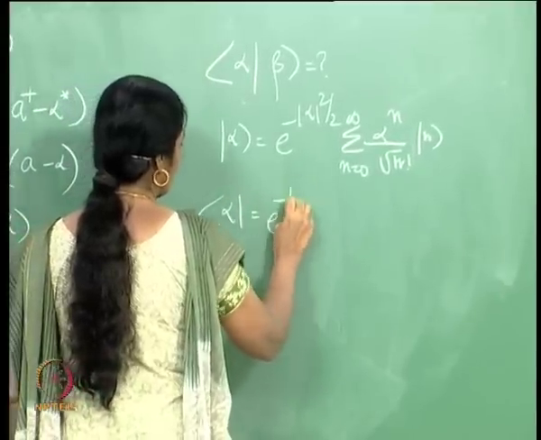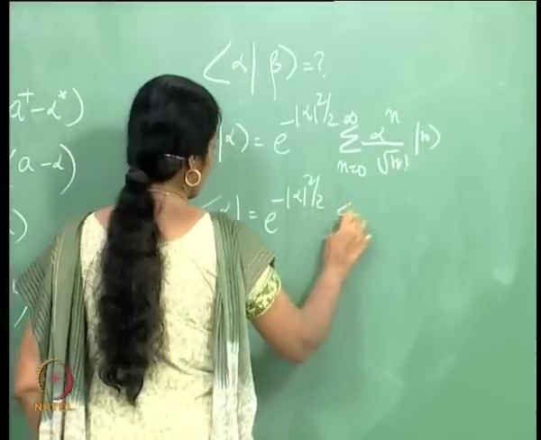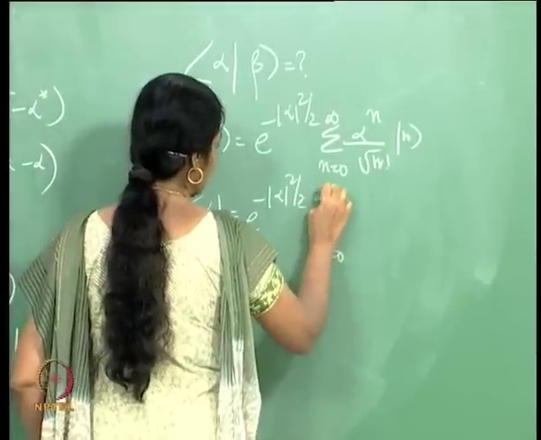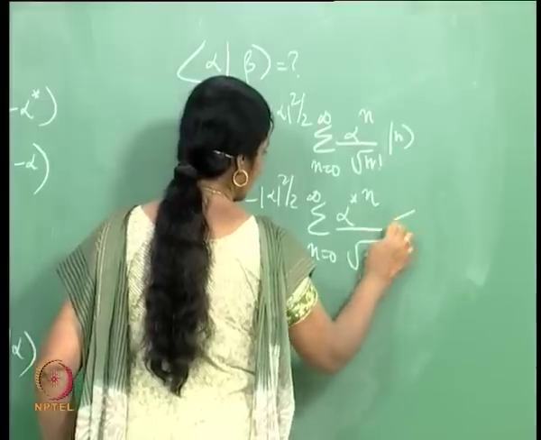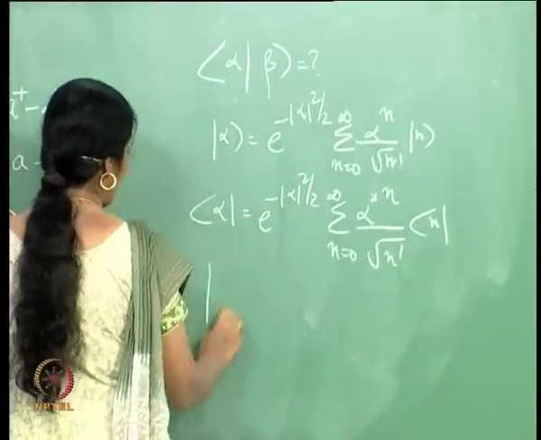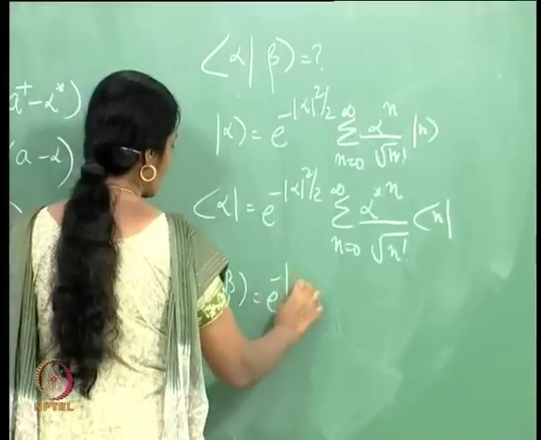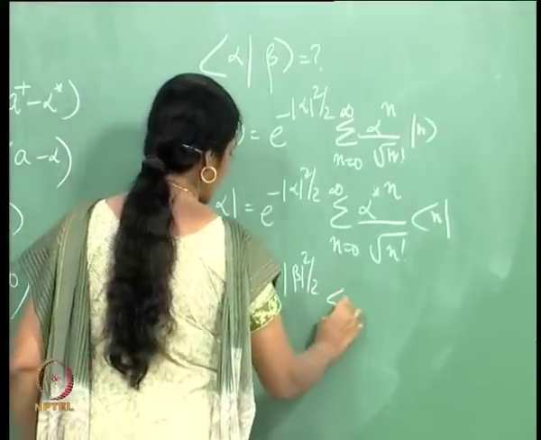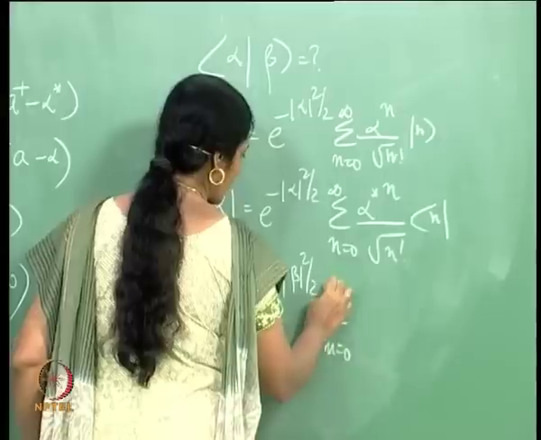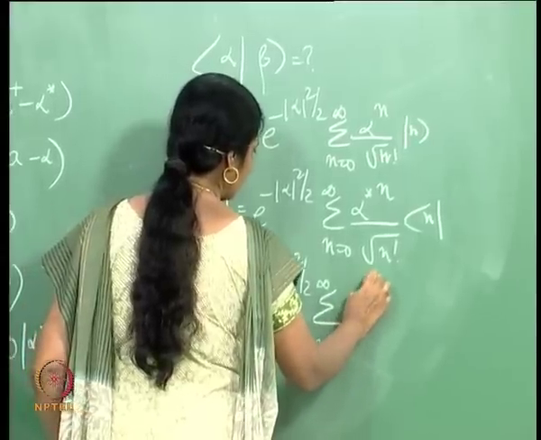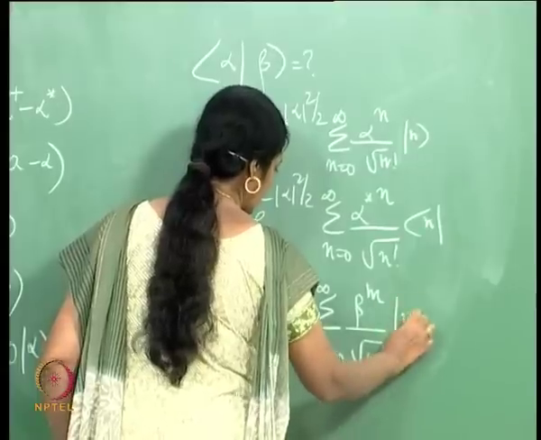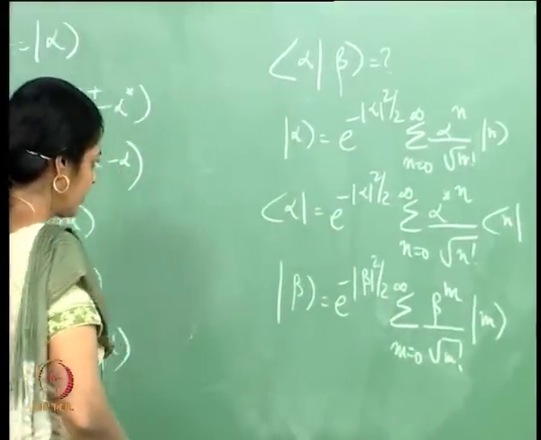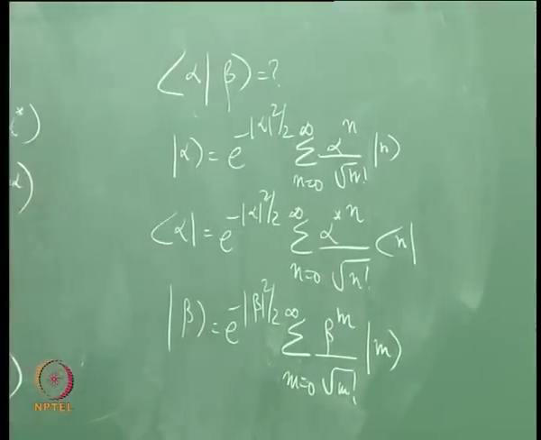Therefore, the bra is this object, and ket beta is e to the minus mod beta squared by 2. I will use a different index for the summation so as to avoid confusion. It is the same Hilbert space that I am looking at.